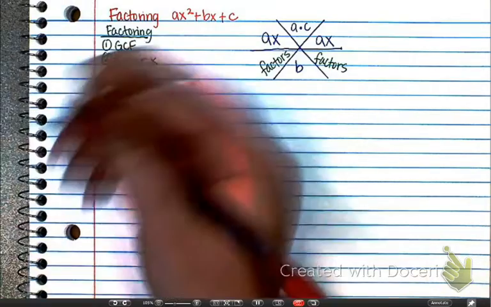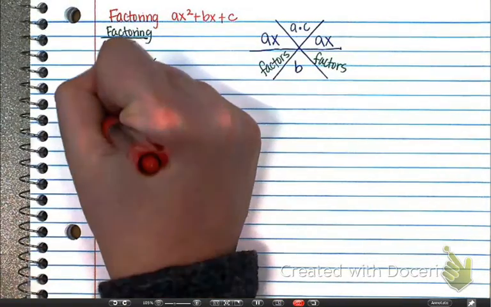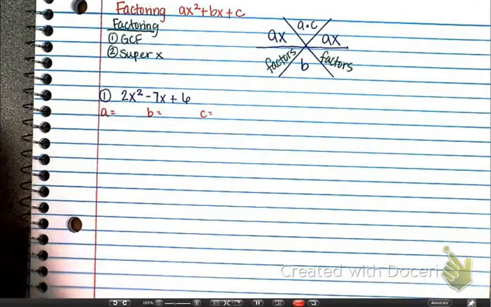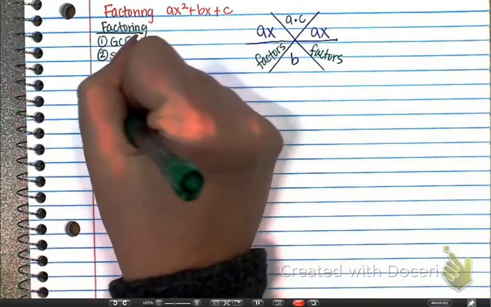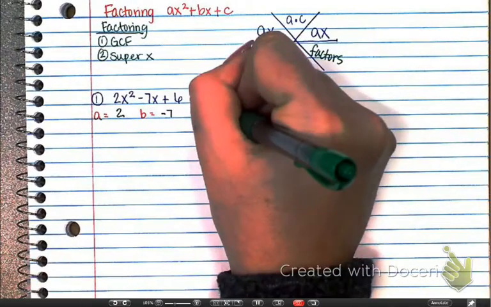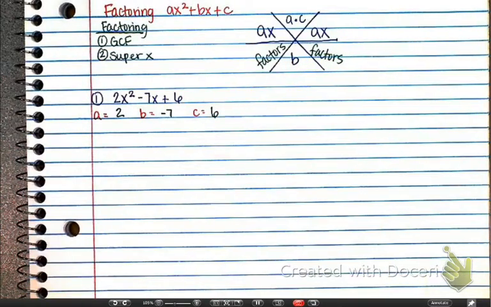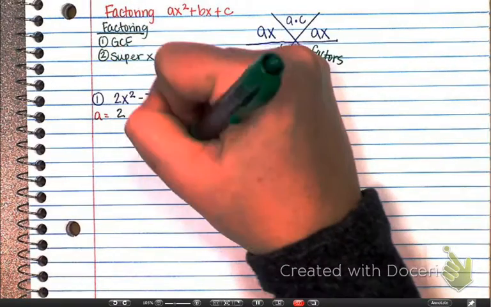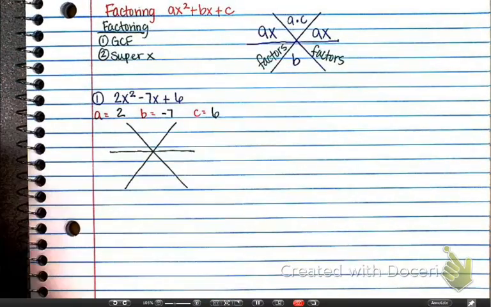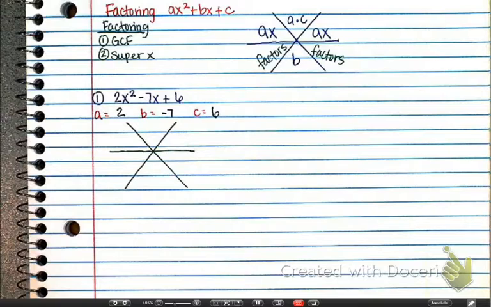So step 1 of Super X is to identify your variables. What is A? 2. What is B? And what is C? So far the same as yesterday? Okay, so let's draw our X. And we're going to fill it in.